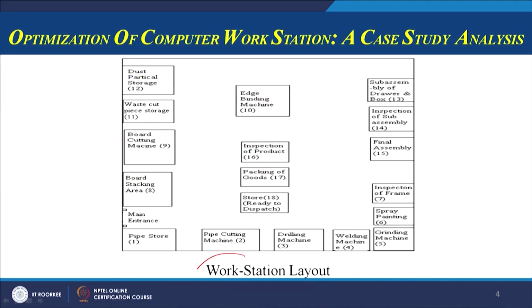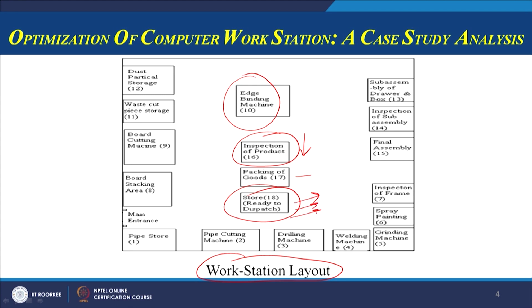So, let us quickly now see. This is just the information collection: workstation layout, how this is being manufactured. The authors have given a very clear idea about what the machines are. There is an edge binding machine available, then inspection of the product is done at this location, packaging of goods, storage, and this is a place from where the materials will be dispatched.